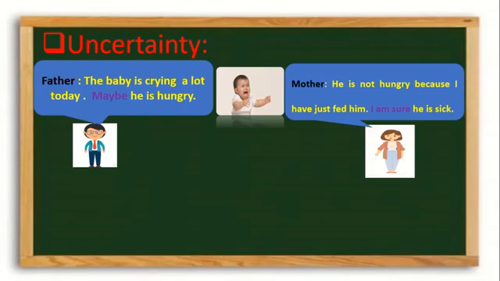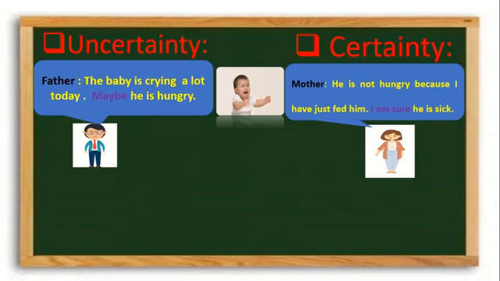Is the mother sure of what makes the baby cry? Is the mother certain? Yes, the mother is certain. She expresses her certainty about what makes the baby cry using the expression, "I am sure."